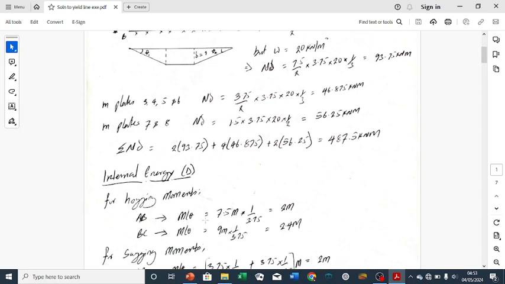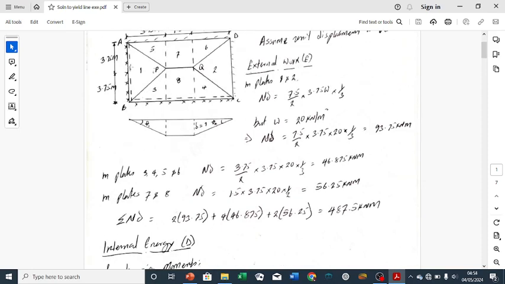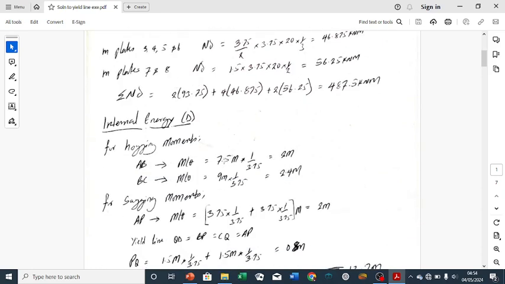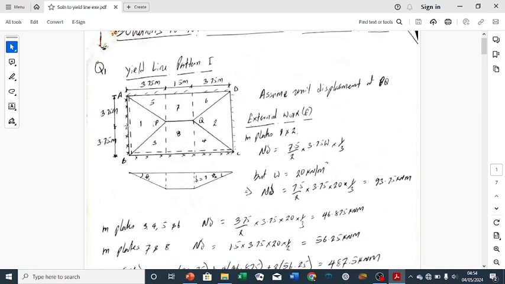Our M is unknown, but our L is 7.5 because the length of the yield line is 7.5. So that's why we have 7.5 in. Now, to get our theta, we always measure it based on the point of maximum displacement. The point of maximum displacement in this case is PQ, which is this place.